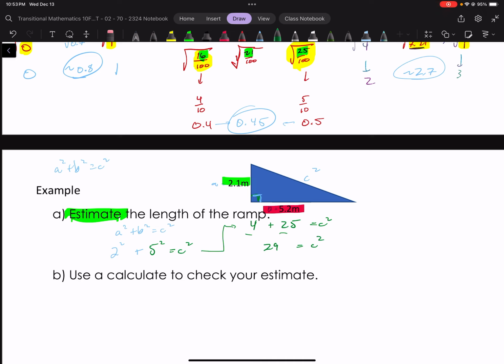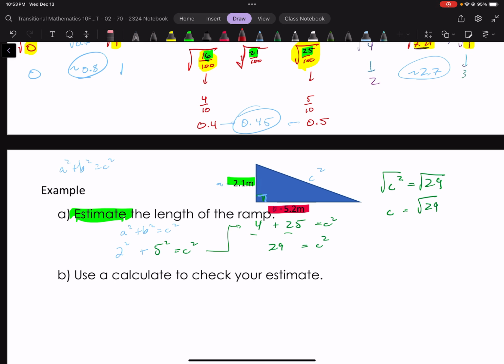So this is where it kind of gets a little bit out of reach. So I'm looking for c squared is equal to 29. If I take the square root of both sides, what I'm left with is c on the left-hand side. The right-hand side is the square root of 29. Now, I don't know the square root of 29, but I can easily benchmark it.